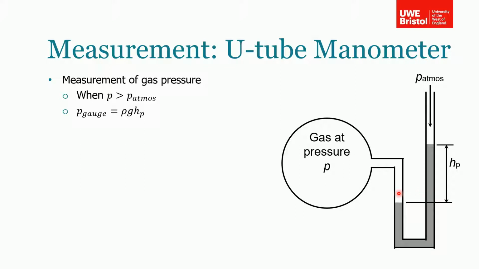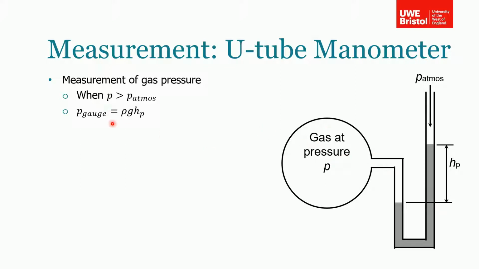If they were at the same level, then we know that the pressure here would be equal to the same pressure on this side, i.e. atmospheric pressure, because the weight of the fluid would level out. So we can see here that because this side is lower than this side, this pressure must be greater than atmosphere, okay? Because if you think about it in simple terms, it's pushing this fluid down against the atmosphere. So the pressure in here is above atmosphere.